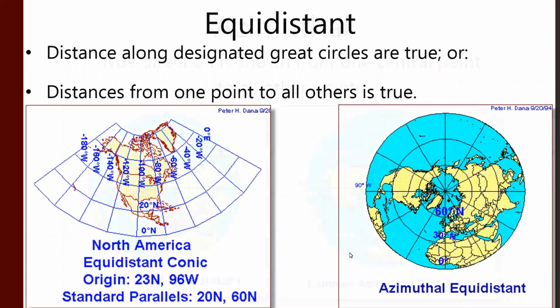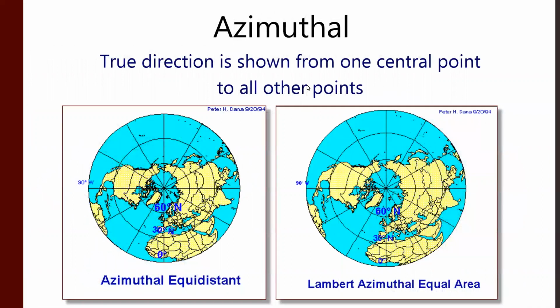We can see a little preview of azimuthal there. Azimuthal maps show true direction from one point to all others, and you can see that azimuthal maps can be set up to be stacked. So you can have an azimuthal equidistant or an azimuthal equal area, just depends on how you want to structure your information. But your navigation is then from one central point to all others.